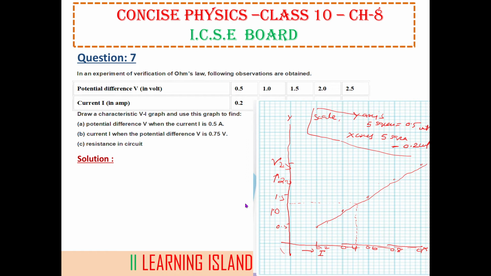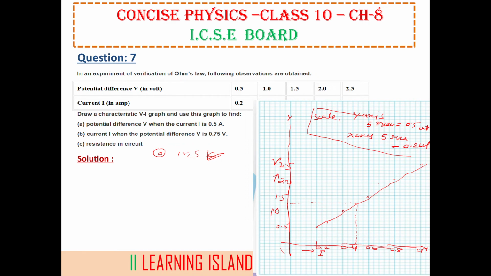So this will be 1.25, so in A the answer will be 1.25 volt.